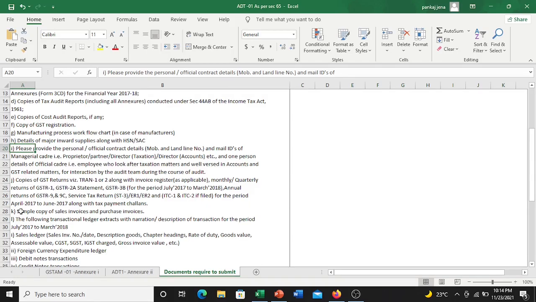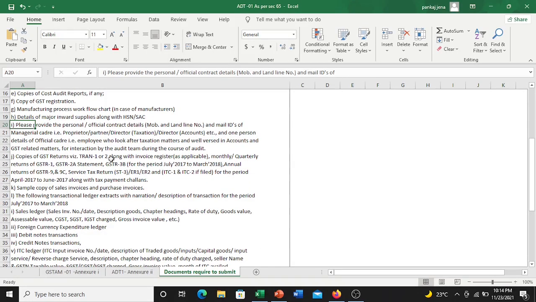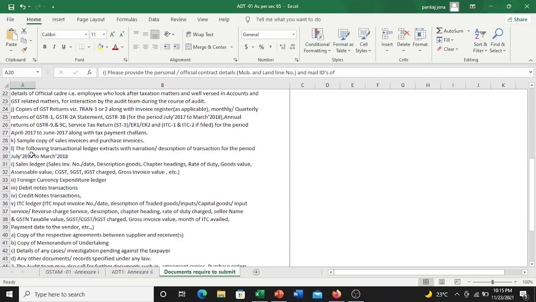Then they are asking for TRAN-1, a copy of the TRAN-1 returns, if you filed them. When you converted from VAT to GST, there is a TRAN-1 you have to file to get the input credit from the previous regime, which is VAT, and you must have filed TRAN-1 at that time. So if you filed it, then you have to provide that data.